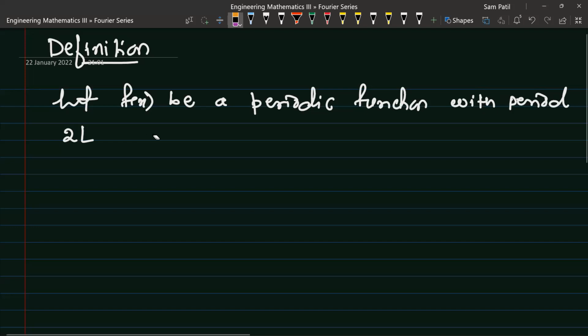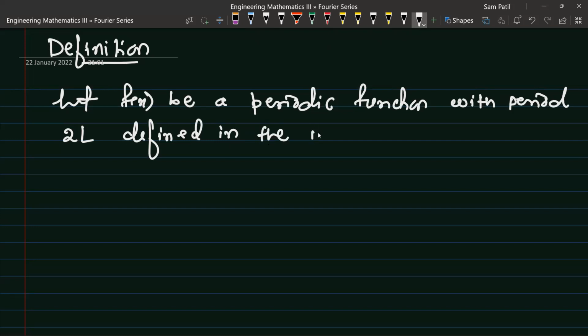Suppose f(x) is a periodic function with period 2L, defined in the interval c to c plus 2L. We take some common interval, whatever this c to c plus 2L is. Sometimes c might be 0 and L might be pi, then the interval becomes 0 to 2 pi.